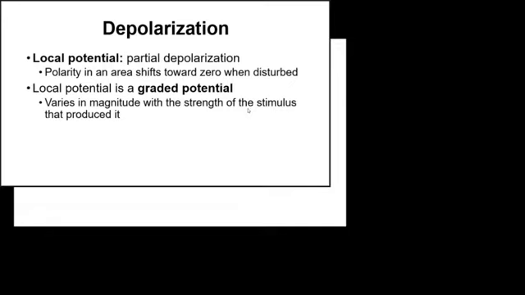So more incoming excitatory signals means a larger shift towards the positive. More incoming inhibitory signals will mean a greater shift towards the negative. And we're looking for those local potentials to build up to the point that they might trigger an action potential. So if they can hit that threshold, they can trigger an action potential.